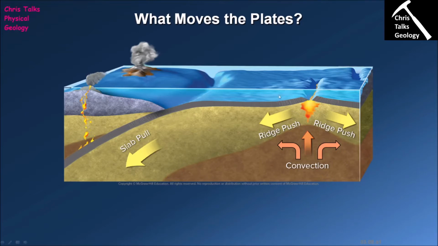The first factor is something which is referred to as convection. So the mantle, or most accurately the asthenosphere, is convecting, just like a pan of boiling water. So in convection we have mantle that gets heated up down here at some deep depth. The hot mantle naturally wants to rise because it's hot and therefore buoyant.